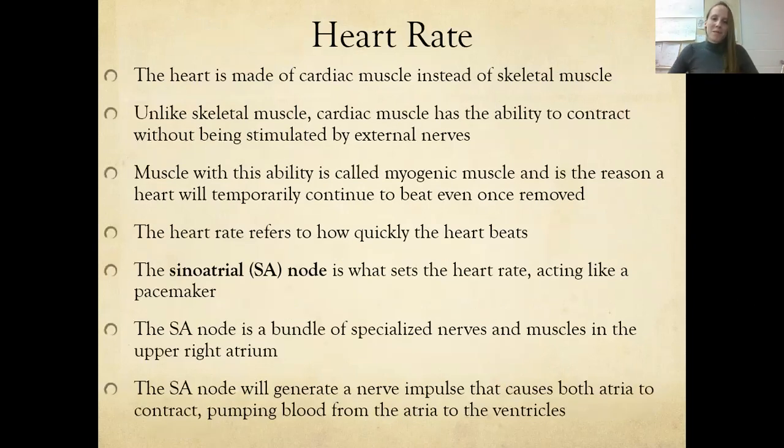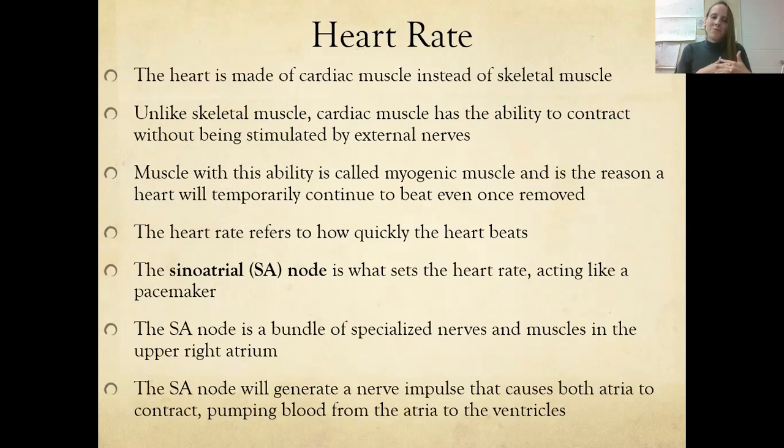Okay, the heart is made up of cardiac muscle instead of skeletal muscle. And unlike skeletal muscle, cardiac muscle actually has the ability to contract without being stimulated by external nerves. So if we want to move our skeletal muscle, some sort of interneuron from our spinal cord has to send that signal to the motor neurons, which then send the signal to your muscle cells.